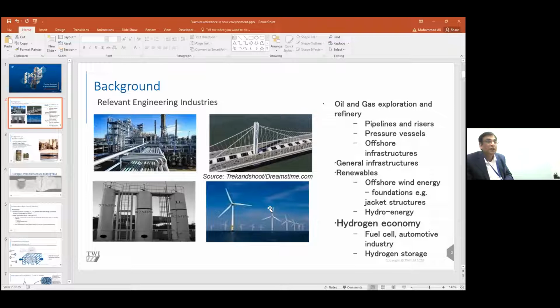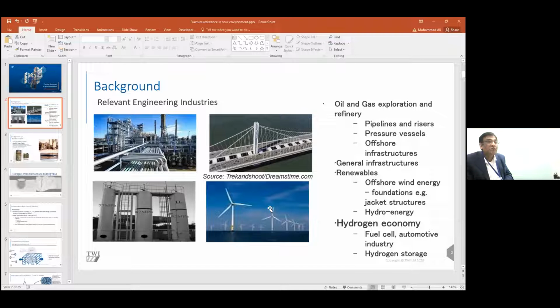Now, hydrogen embrittlement and the effect of sour environments are very commonly discussed. However, hydrogen embrittlement itself is a mechanism which occurs under sour service conditions.